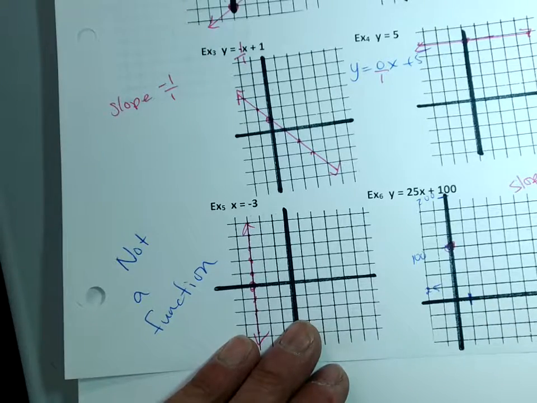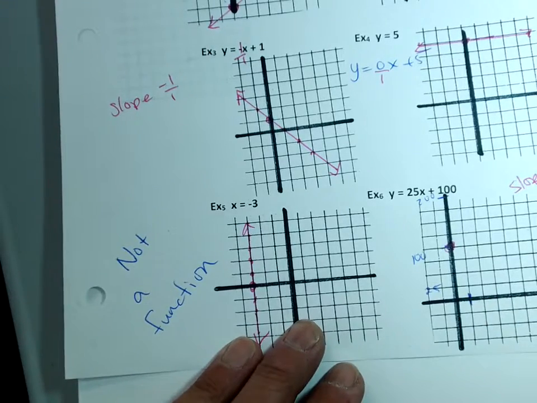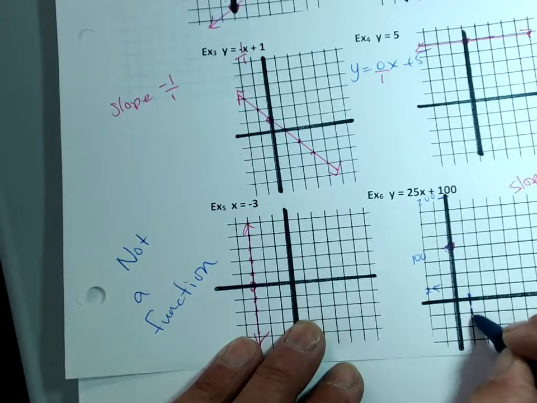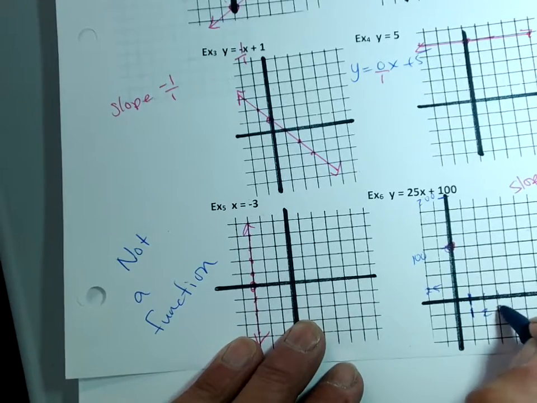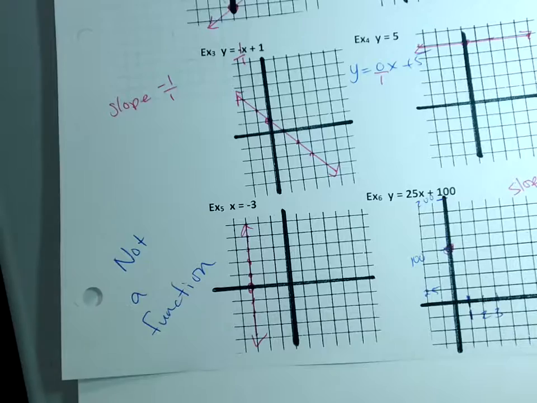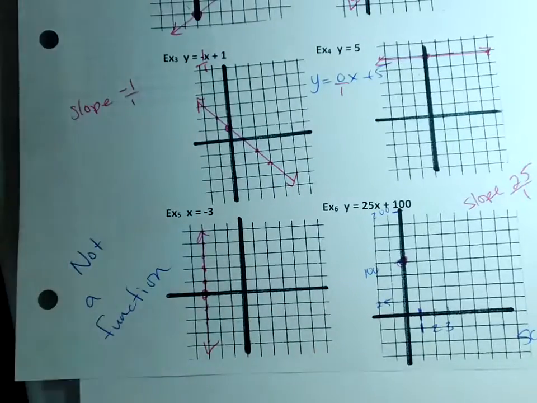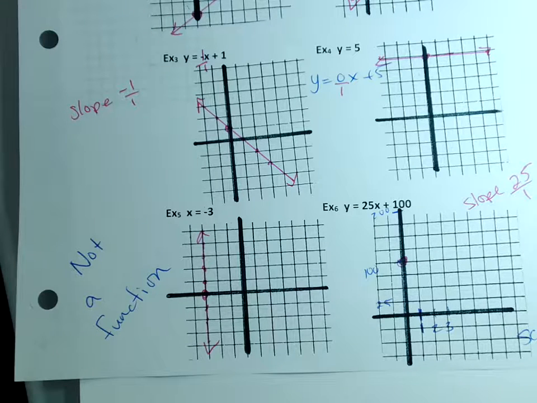So it's okay to have different scales, because what I want to do is go up 25 over 1, not over 25, right? So I'm going to make my scales here go by ones, scales here go by 25.